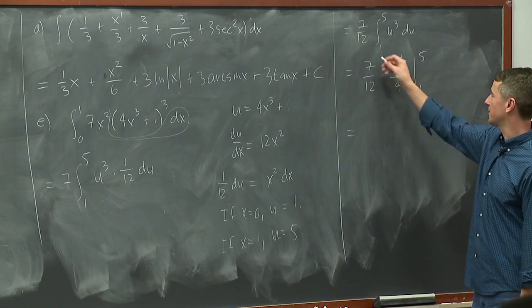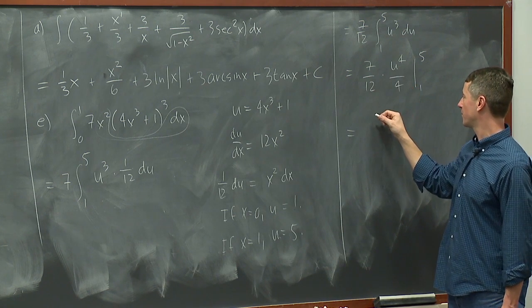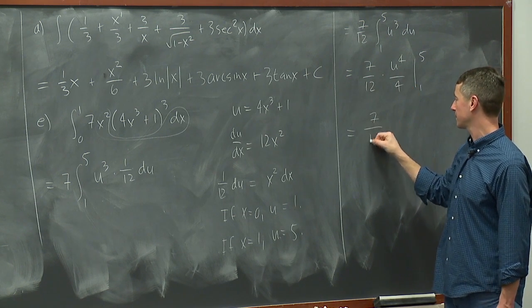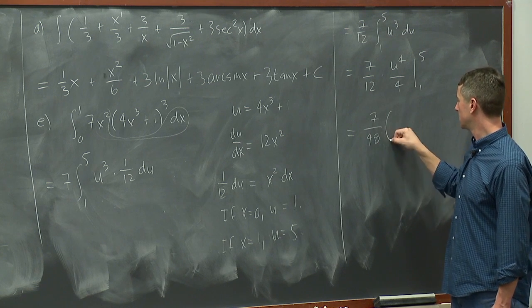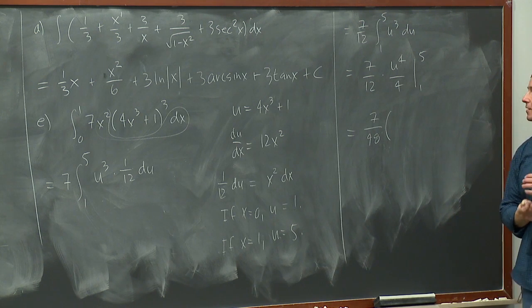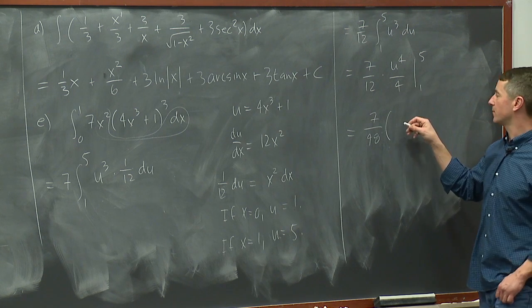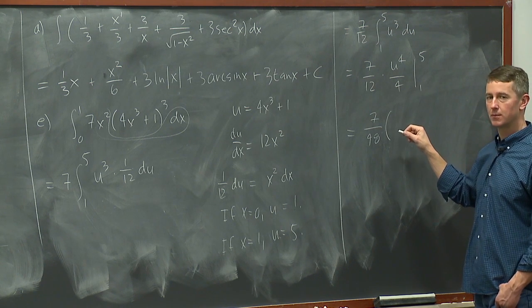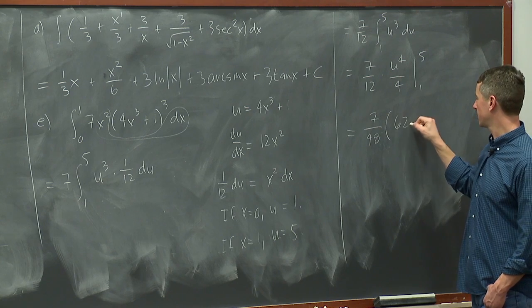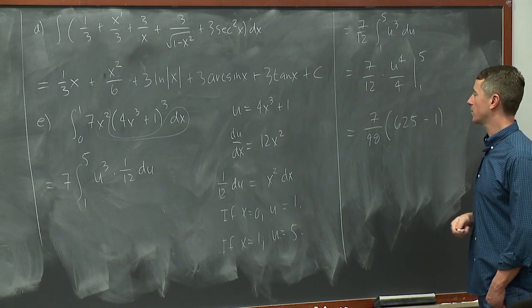All right, let's try to simplify this a little bit. 7/12 times 1/4 is really 7/48, I think. And then which of these numbers are we supposed to plug in first, the 5 or the 1? So we get 5 to the 4th. We already did that tonight, right? 625 minus 1 to the 4th, which is 1.